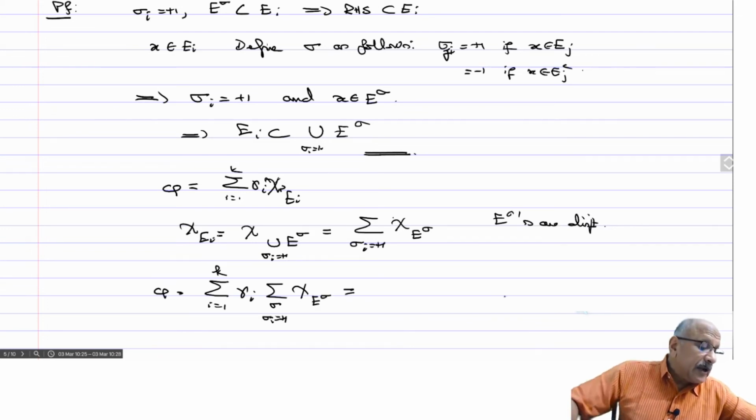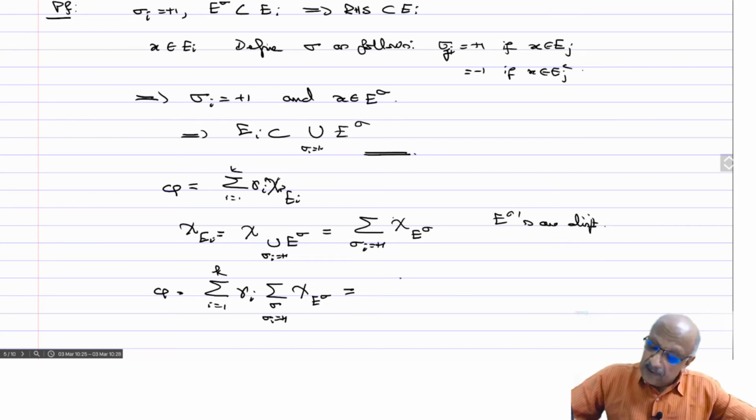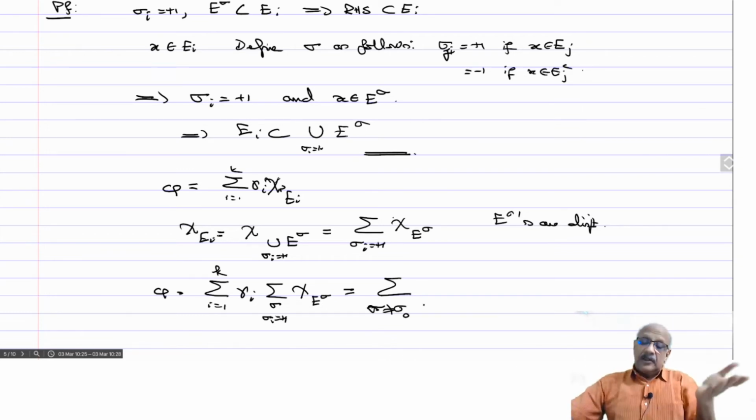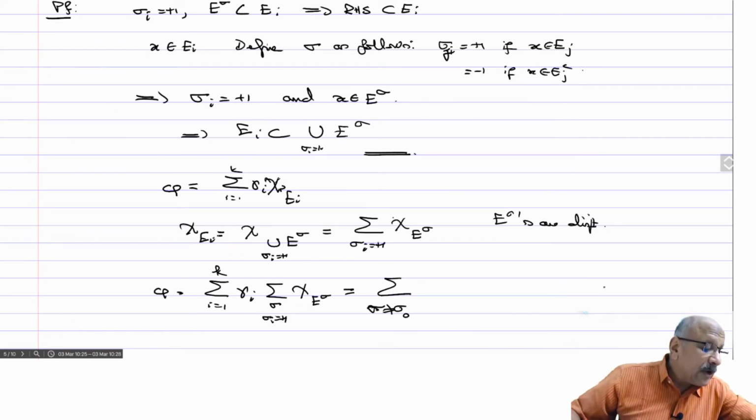Now I am going to interchange the order of summation. So this is over sigma not equal to sigma naught, because if it's sigma naught it's an E complement and phi is 0 there, so we are not worried about that.